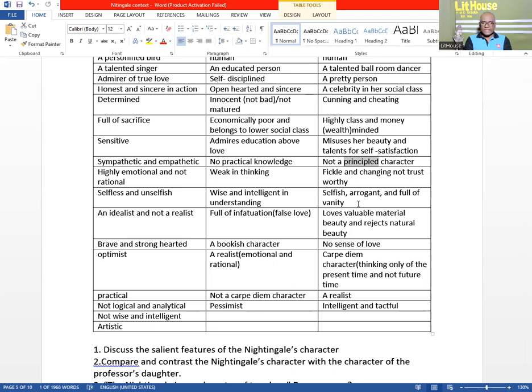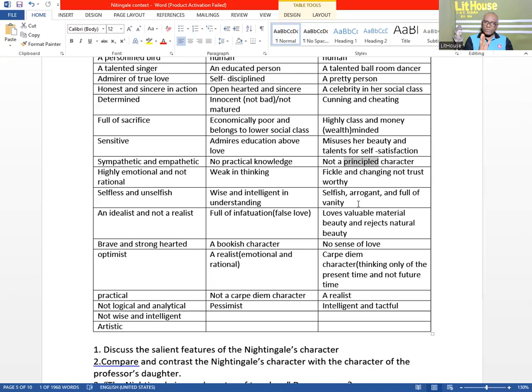Principled. This girl does not have any good principles, right? If you do not have principles, you change from time to time.